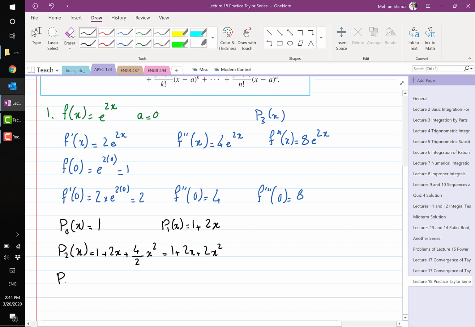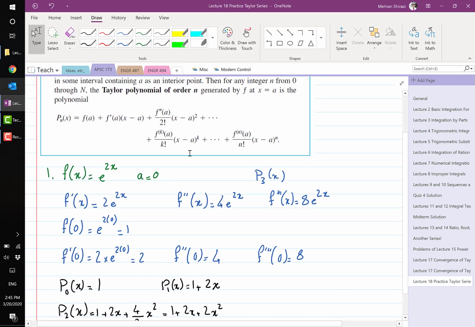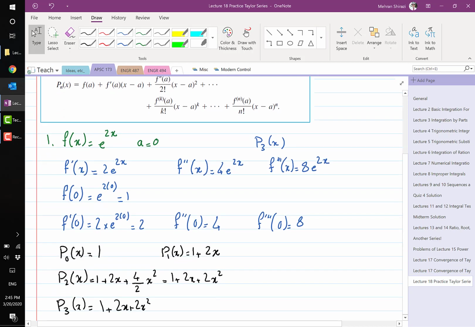Finally, I'm going to write P3 the same as above. I don't repeat everything. We just need to add a new term. So this new term would be the third derivative of f at 0, which is 8, divided by 3 factorial. 3 factorial is 6.